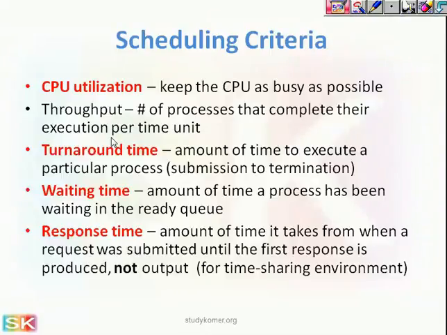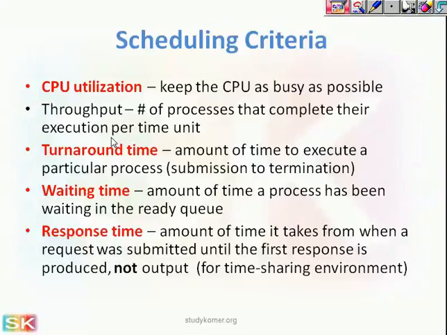When a process is executing some IO device, we cannot say that this process is waiting, because at that time the process is actually busy in doing some IO task. So that process is not waiting for some resource.